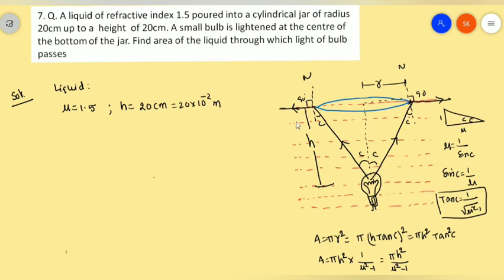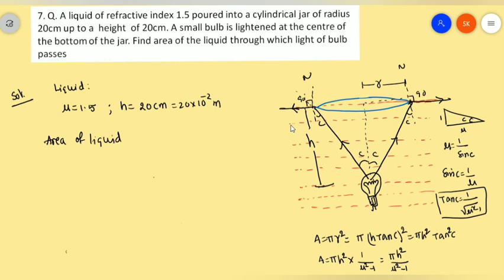Then our question: the light ray passes like this, and here the light rays pass outside through this area, the blue circle. That area we have to find out. For that, we have to find the area of the field of view, the area of liquid through which the light from the bulb passes.